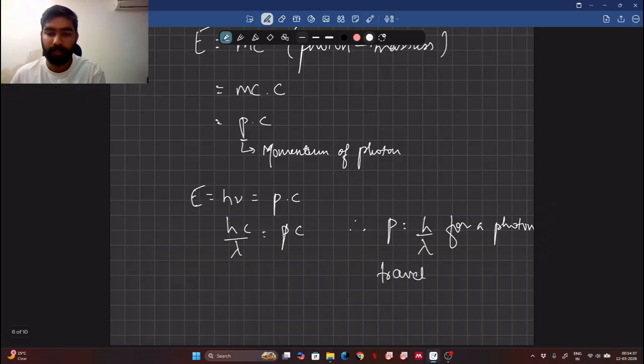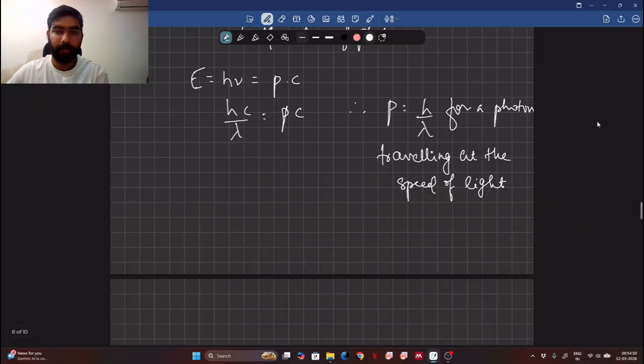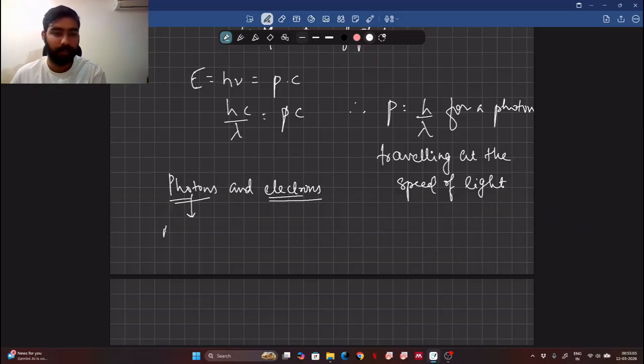traveling at the speed of light. Okay. So generally, photons and electrons have a similar nature, in that they are microscopic particles, but photons are massless and they travel with the speed of light, c.